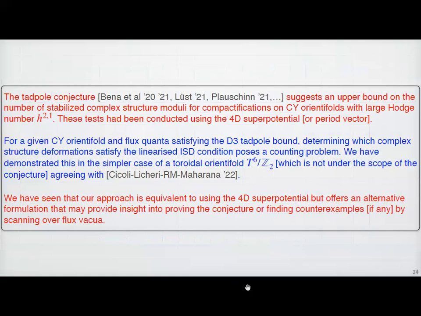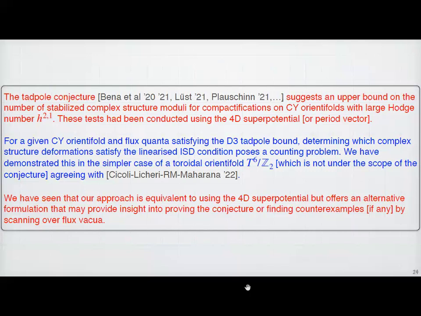There is the Kähler conjecture that suggests there is an upper bound on the stabilized complex structure moduli for Calabi-Yau orientifolds with large Hodge numbers. So if there are many complex structure moduli, only a few of them are stabilized.